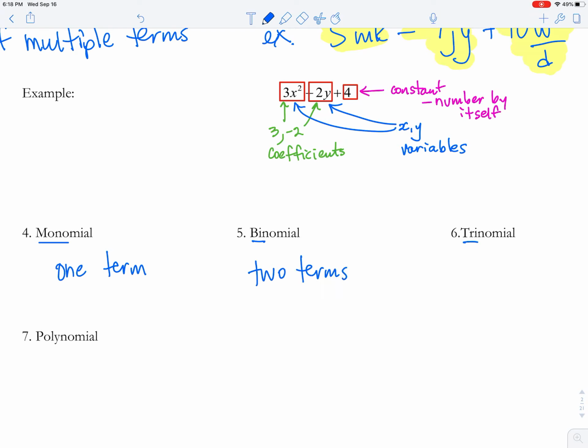And then trinomial, like a tricycle, has 3 terms. And finally, a polynomial means it has more than, and in this case, it's just more than 2 terms. So a trinomial is a special type of polynomial.